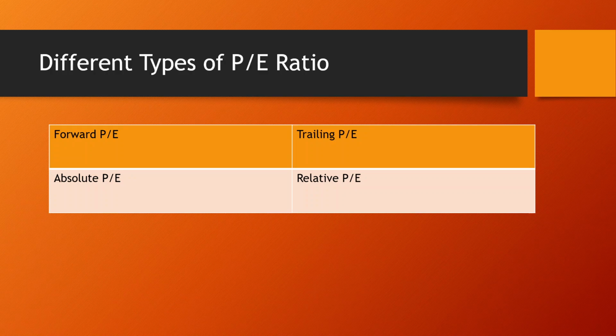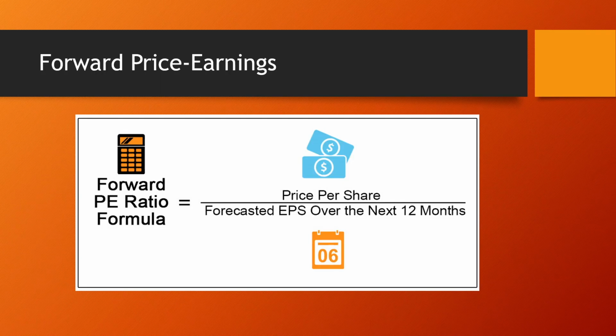First, I'm going to be talking about the forward price to earnings ratio. You can see here that the forward price to earnings ratio formula is a little bit different from the basic price to earnings ratio formula that you saw earlier in this video. Instead of being over just the earnings per share, it is over the forecasted earnings per share over the next 12 months.